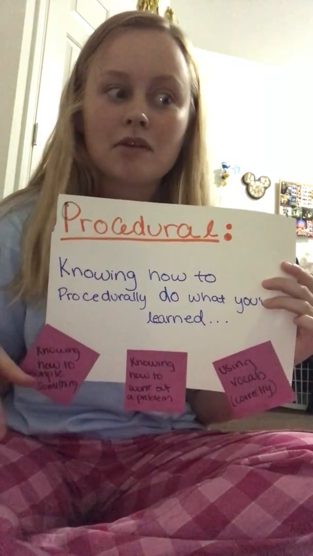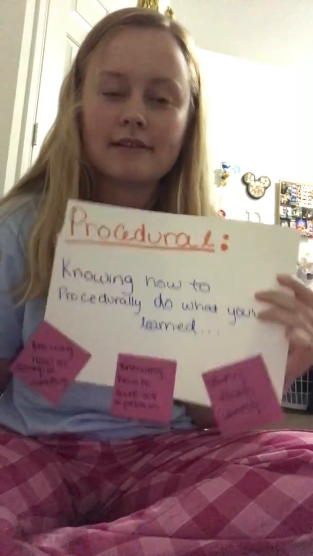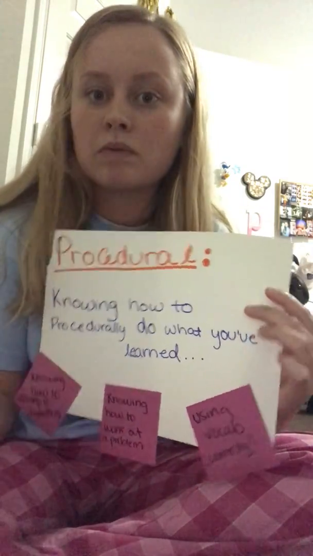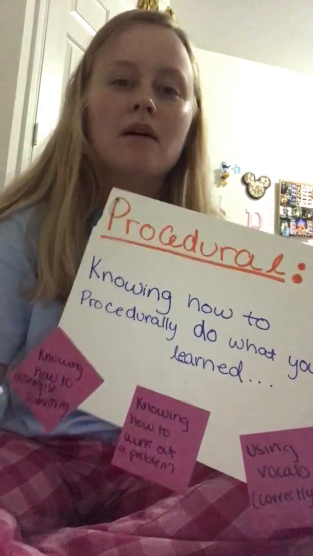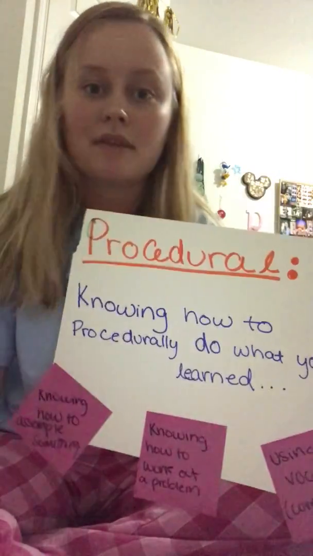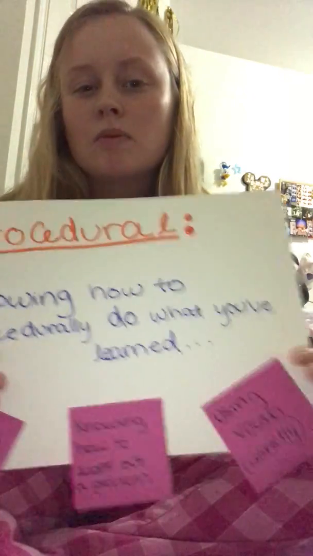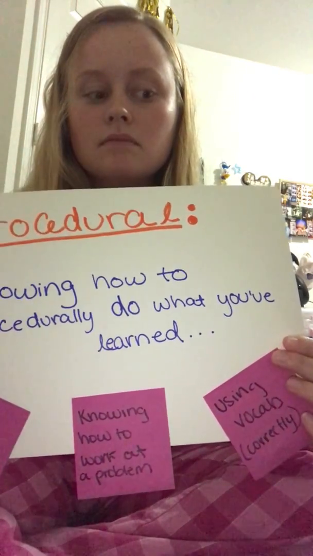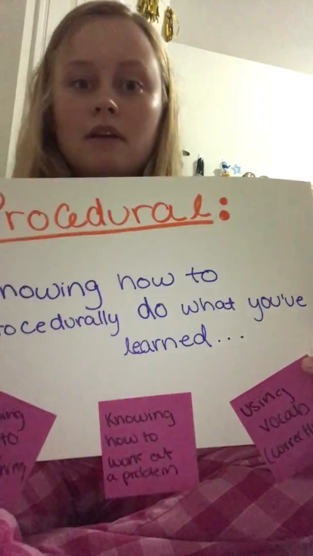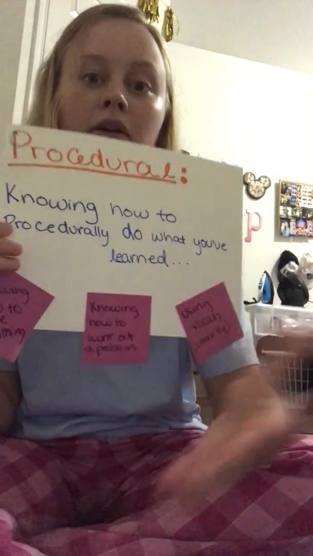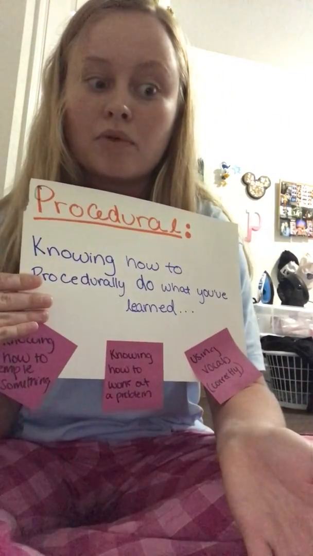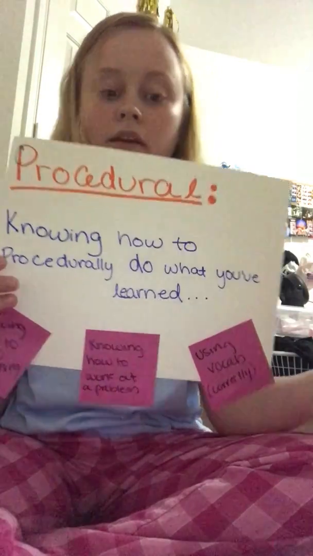However, if you're on a test and you see both of those negatives put together and you know that they make a positive, but you can't really work out the equation, then you don't know how to fully do it. So procedural is when you fully know how to perform that problem or whatever you're doing.